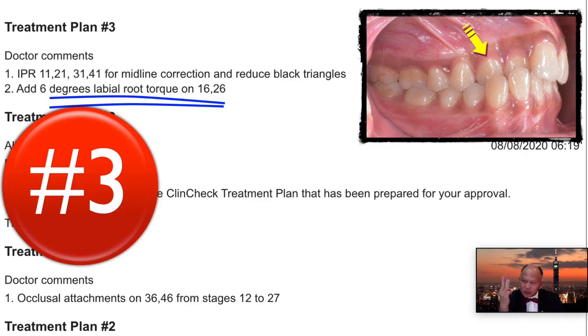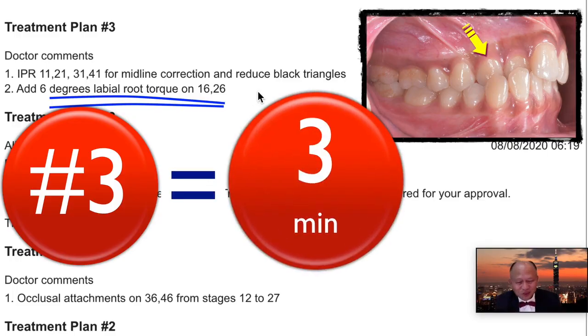So I only use 3 plans. I just correct 3 plans. Every plan took me 1 minute, so 3 plans equal ridiculously 3 minutes. The whole time that I spend in this case to write this clean check is only 3 minutes. And 3 minutes is my average time to spend in every case when I write down my clean check.